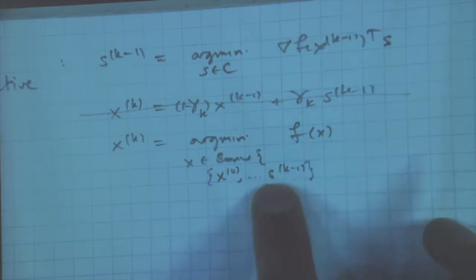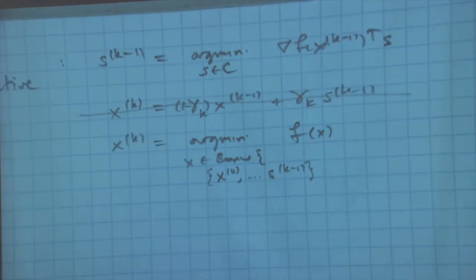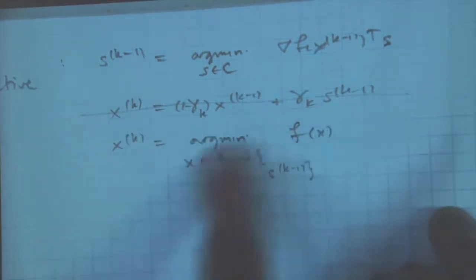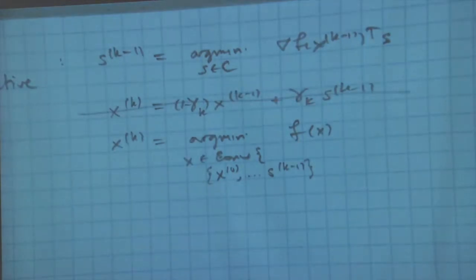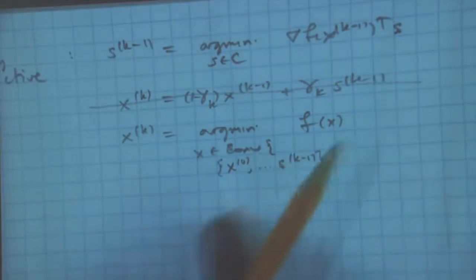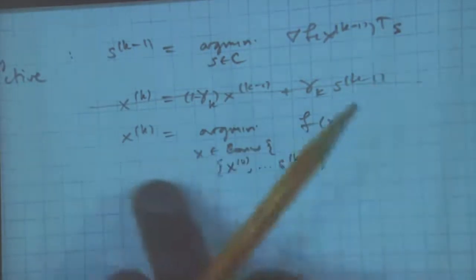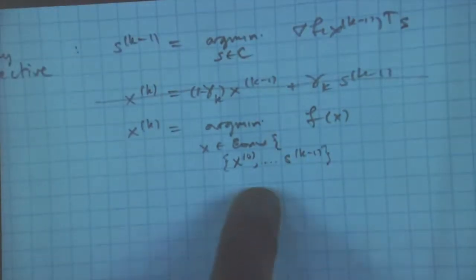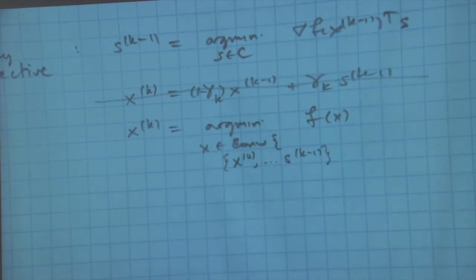But it allows you to do more than just move a little bit along the convex combination of x_{k-1} and s_{k-1}. It allows you to look at the full convex hull, so previous iterations have some say in what happens now too. Some approximate versions of this have been studied, because this is typically hard to do exactly, and they're shown to perform much better than the usual Frank-Wolfe updates in some situations.